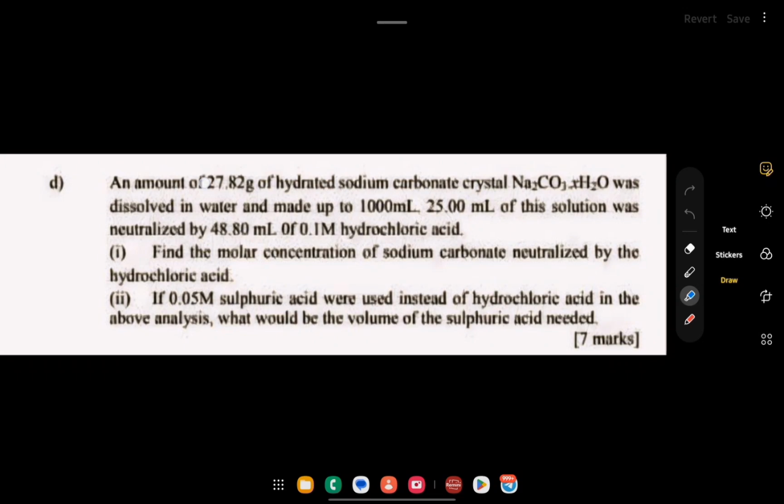Lastly, question 1D. The given information is the mass of hydrated sodium carbonate crystal, the volume of solution, the volume of solution that undergoes neutralization, and the volume of HCl and the molarity of HCl.